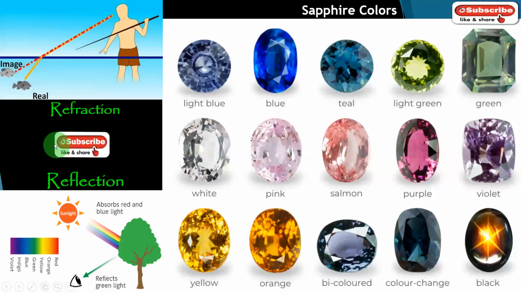Now, in this picture, we are learning how image refraction happens. This is water, this is air. The actual fish is here, but the light comes from the fish and moves into the air, and then he will see the fish.